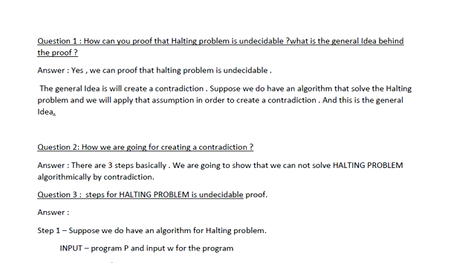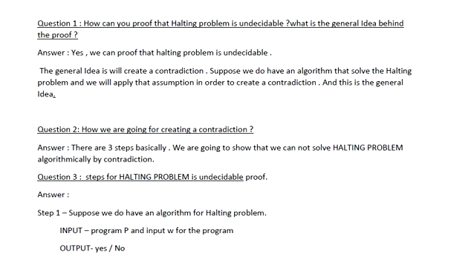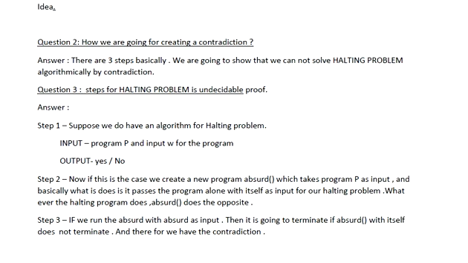Basically, in 3 steps, we can prove that the halting problem is undecidable. In the next question I will say how, but the detailed proof will be in the next video, where I will explain each step.